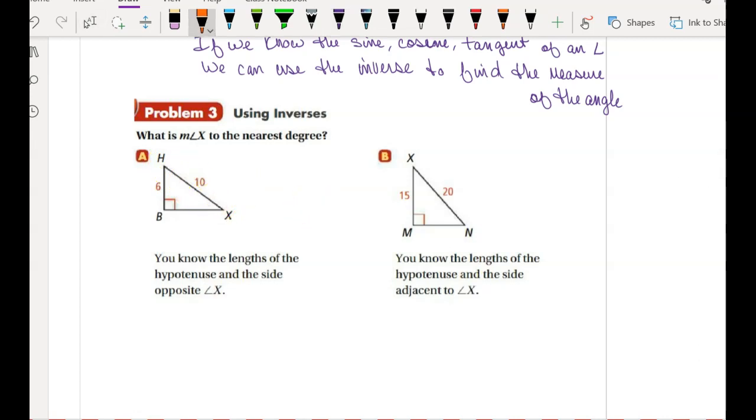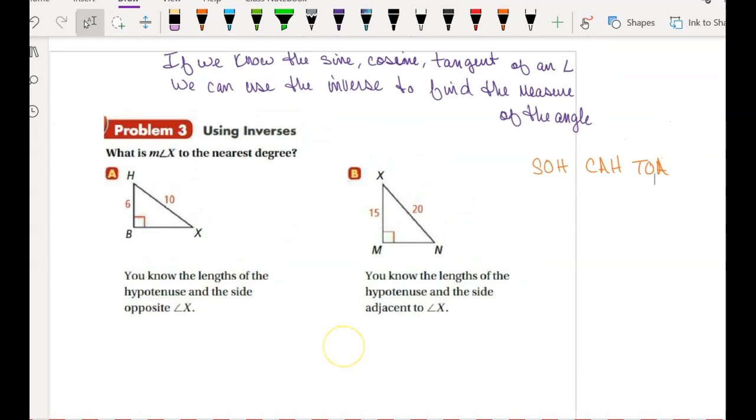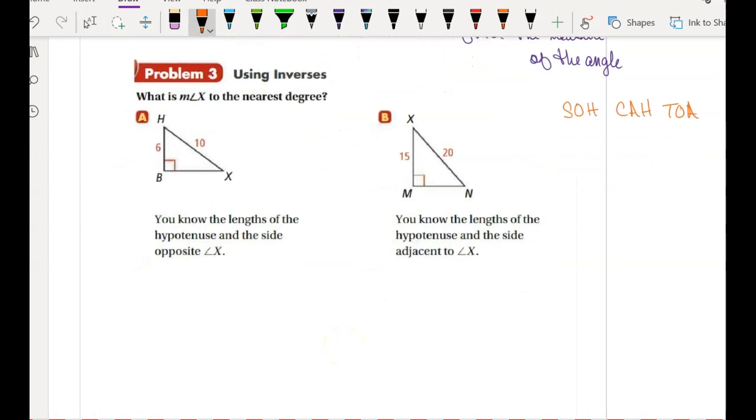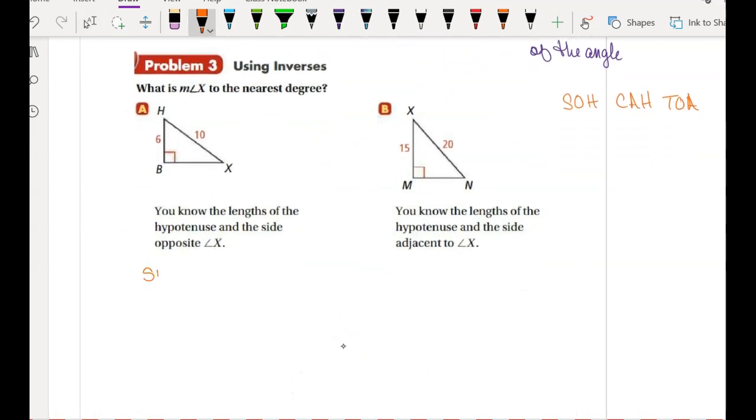So first, SOH CAH TOA, let me go ahead and write that out. Okay, so I have opposite and I have hypotenuse. So I know that the sine of x is equal to 6/10.